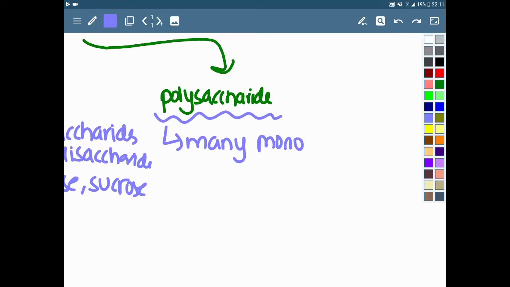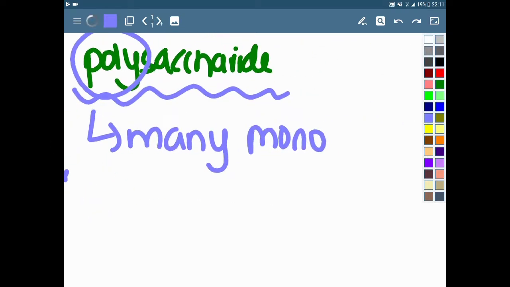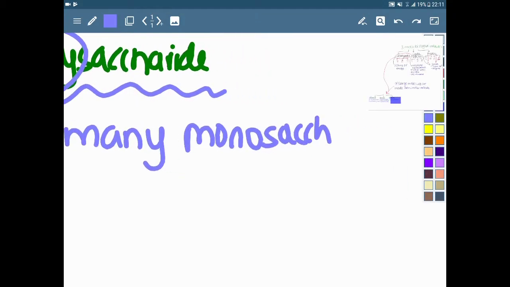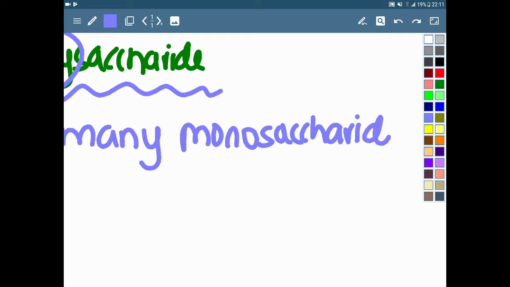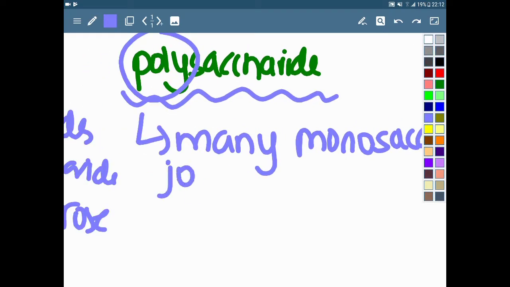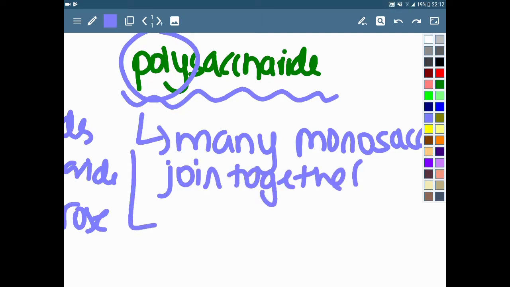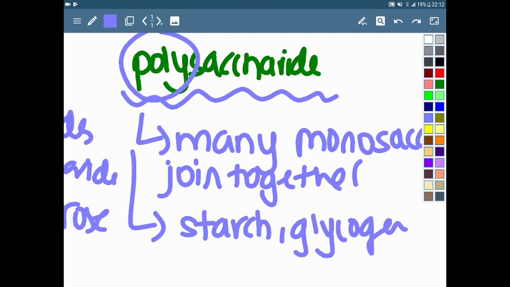So many monosaccharides joined together make a polysaccharide, and the examples of polysaccharides are starch, glycogen, and cellulose. Right.